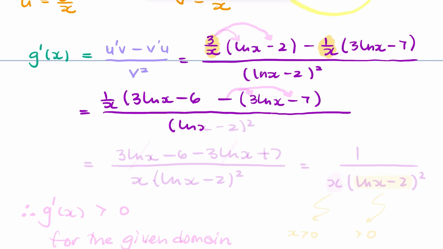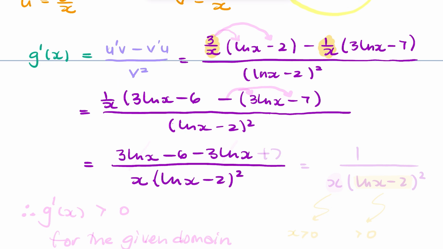So ln x minus 2 squared. If we bring the x to the denominator, x ln x minus 2 squared, you've got 3 ln x minus 6 minus 3 ln x plus 7.